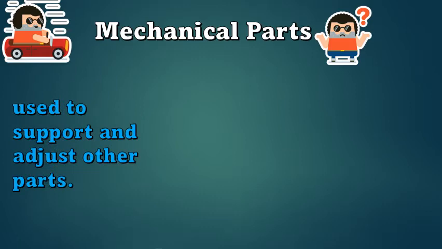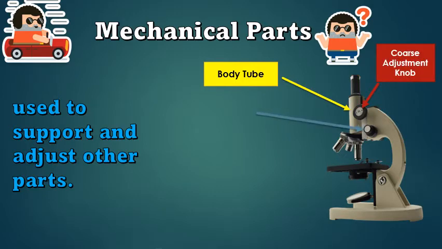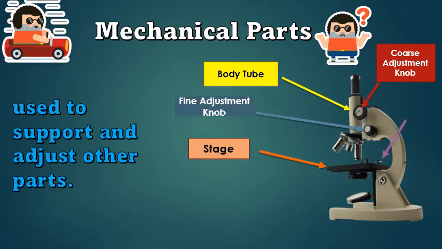Mechanical part is the part of the compound microscope that is used to support and adjust other parts. So the following are the parts of it. First, we have the body tube. We have the coarse adjustment knob. We have the fine adjustment knob. We have the stage.